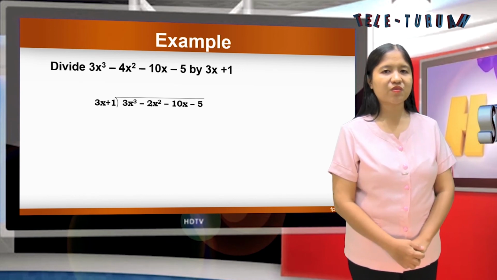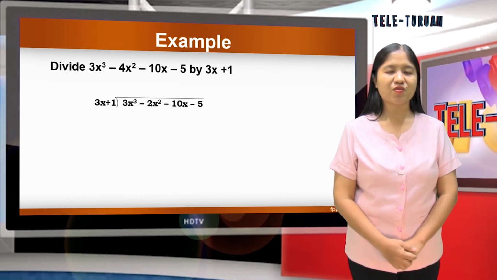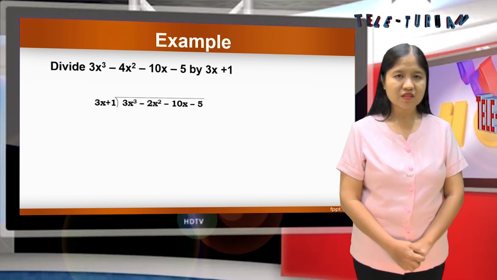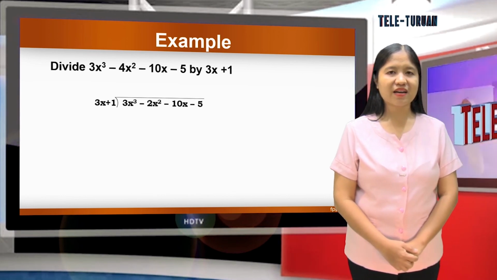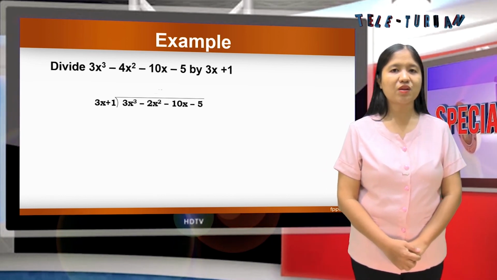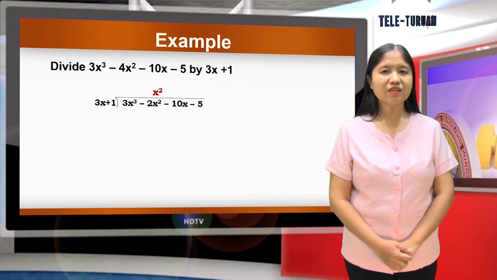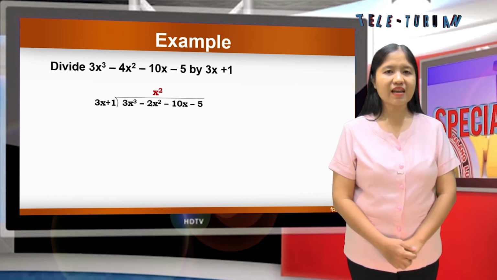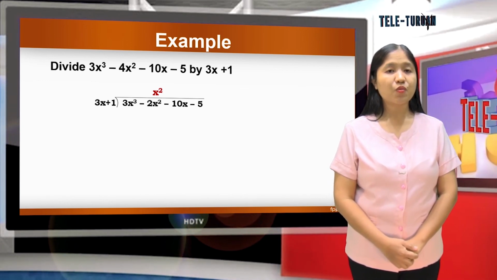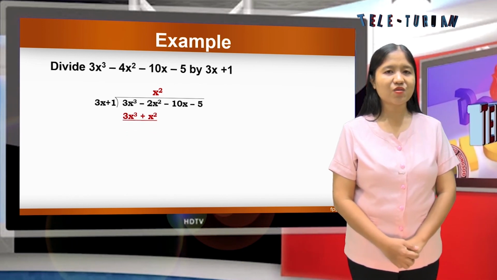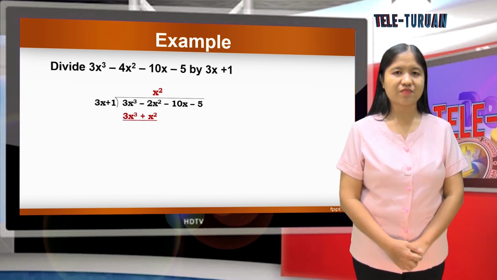Divide the first term of the dividend by the first term of the divisor. We have 3x cubed divided by 3x, and it is equal to x squared. Multiply x squared by 3x plus 1. We have 3x cubed plus x squared.